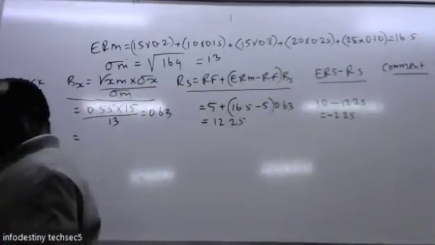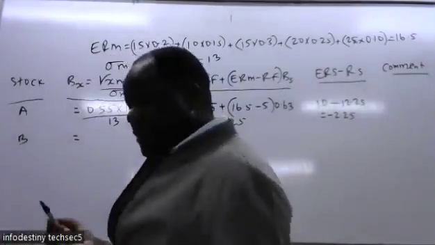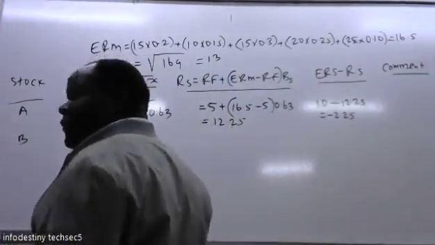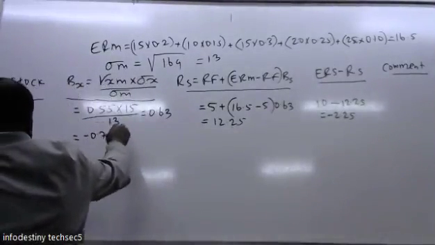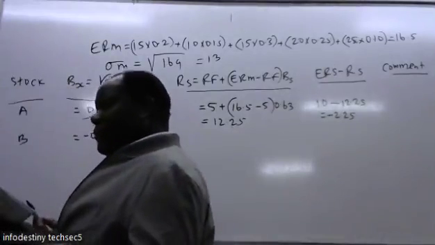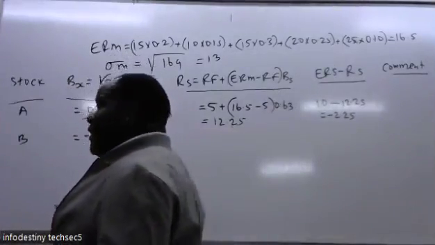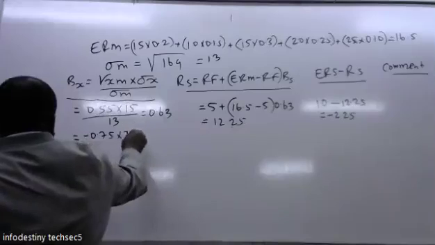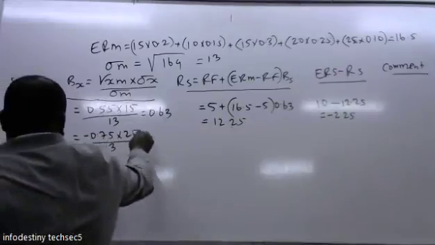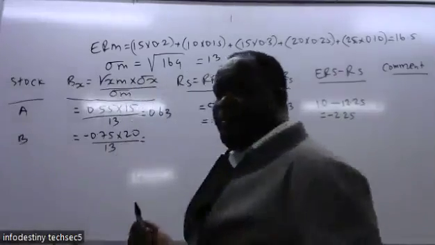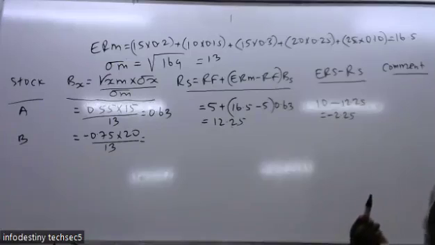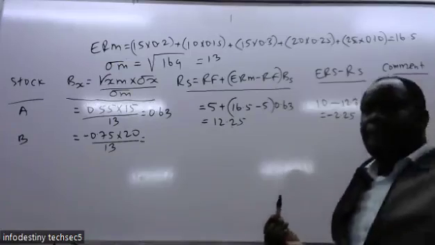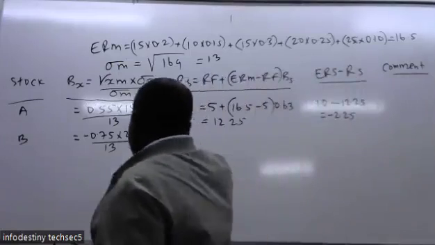For stock B, the correlation coefficient is given as negative 0.75. Then the standard deviation was given as 20. Multiplied by 20, we divide by 13, then we come up with the value for that. Negative 1.15.